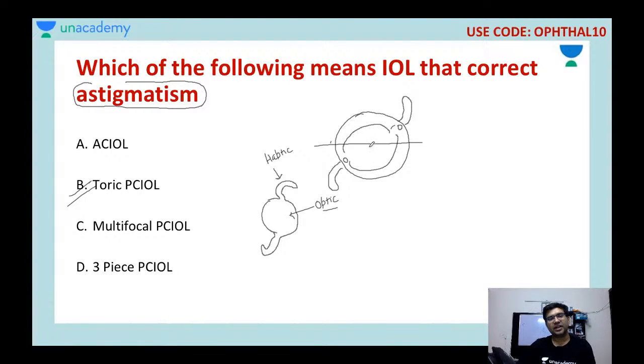So I have put a lens there at 45 degree. So we have basically rotated the lens in such a way that it is focusing on those areas where you are having the astigmatism. This is called the phenomenon of toric IOL.